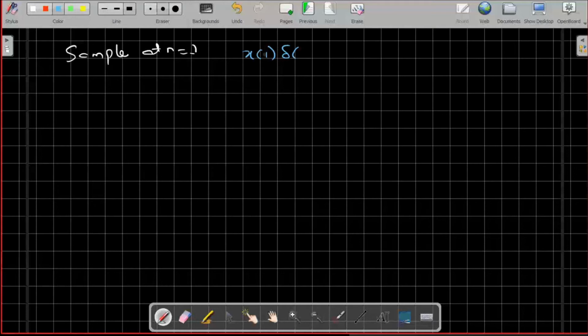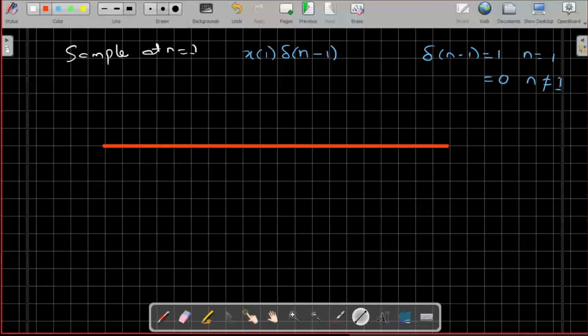Okay, clear? Here the impulse signal is shifted toward the right side by one sample, so it becomes n minus 1. So del of n minus 1 becomes 1 at n is equal to 1 and it is 0 for n not equal to 1. So the impulse signal exists only at n is equal to 1. The remaining time it is 0.